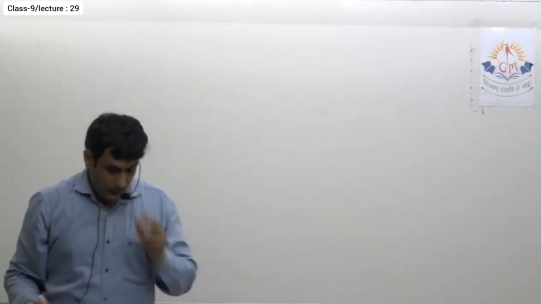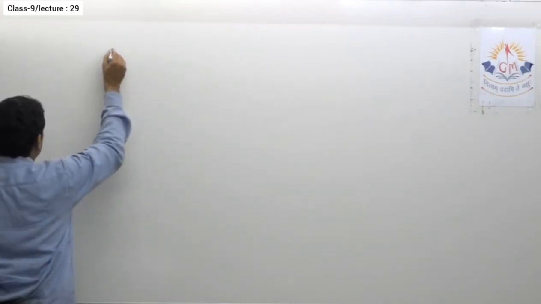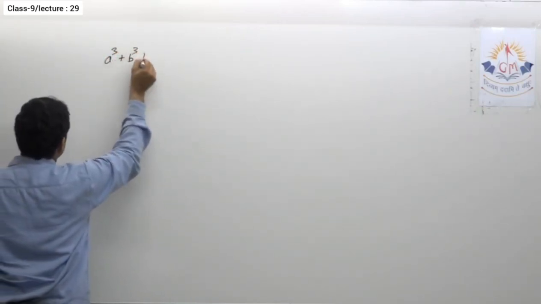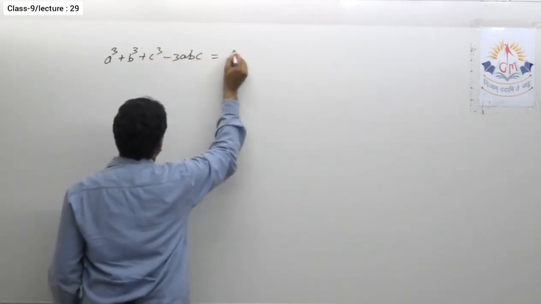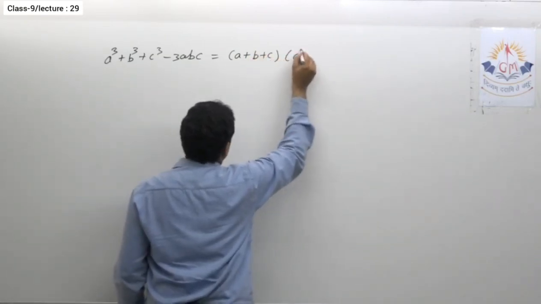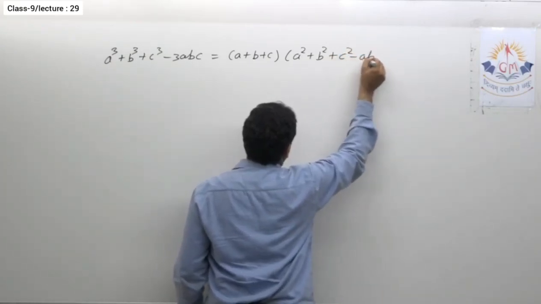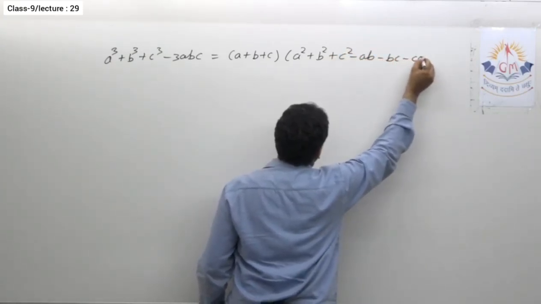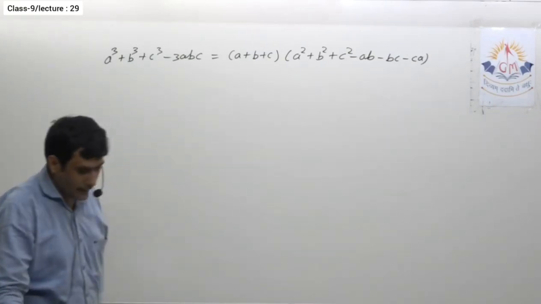So now we'll see factorization using the identity a cube plus b cube plus c cube minus 3abc is equal to (a plus b plus c) (a square plus b square plus c square minus ab minus bc minus ca). So the next questions will be based on this identity.